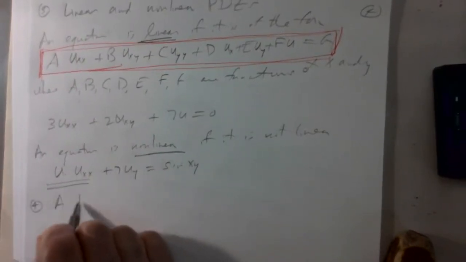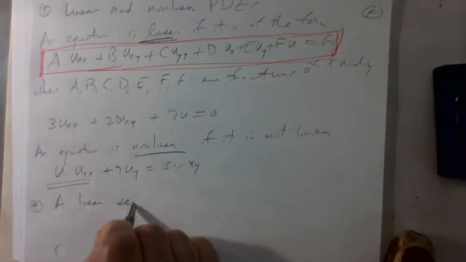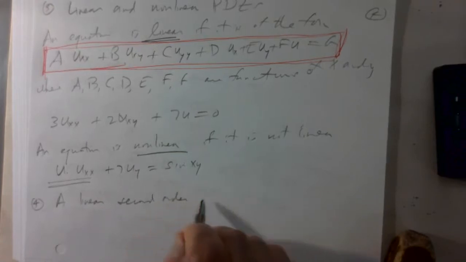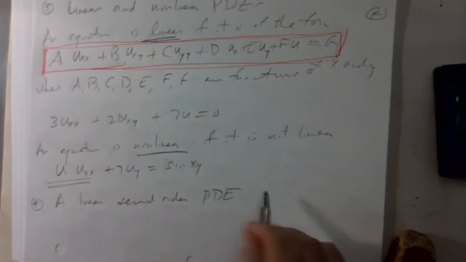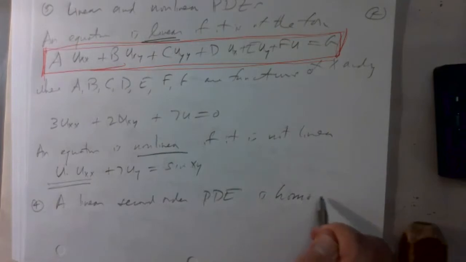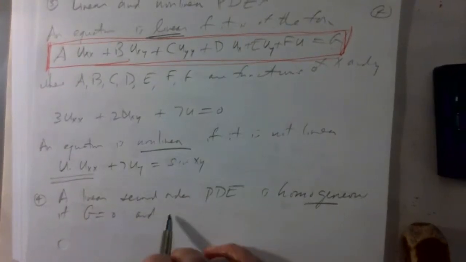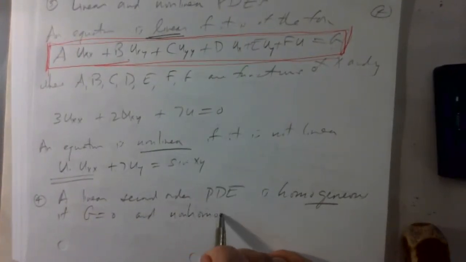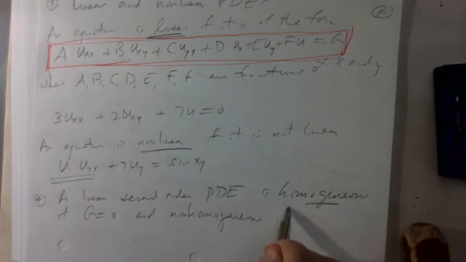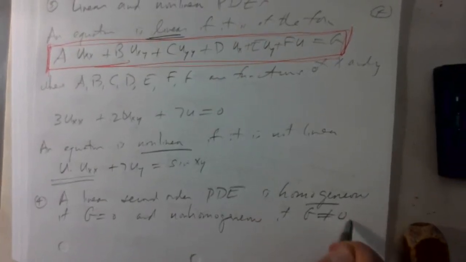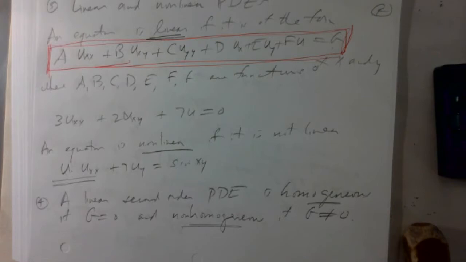A linear second order PDE is homogeneous if the right-hand side is 0, and non-homogeneous if the right-hand side is different from 0. So a homogeneous differential equation has g equals 0.